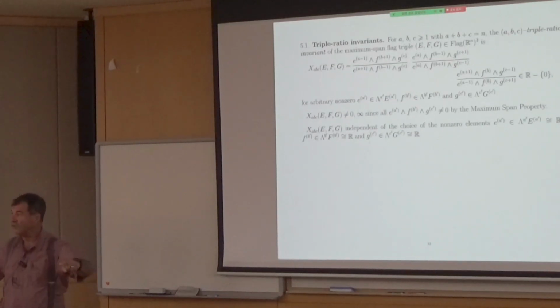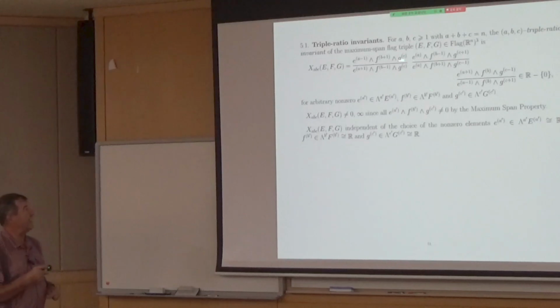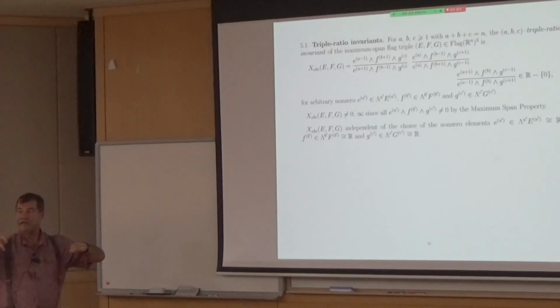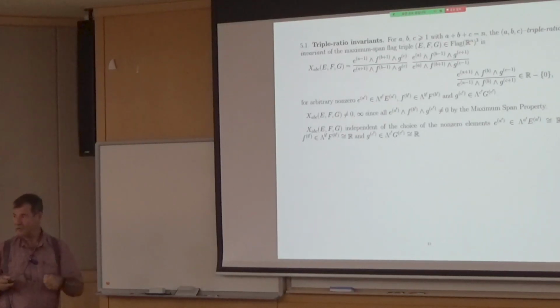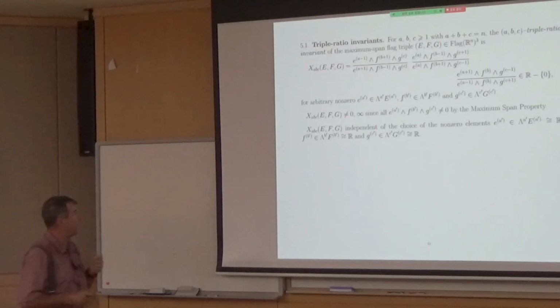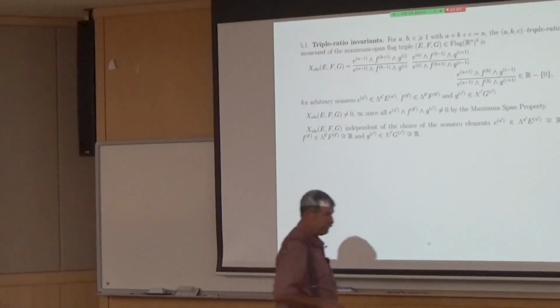So 2 choices are necessarily collinear. So again, I could replace my choice by 263 times my original choice. That would multiply the numerator by 263. That would divide it by 263, and therefore the ratio would be the same. That's the beauty of the formula. Okay, so it's definitely a number.